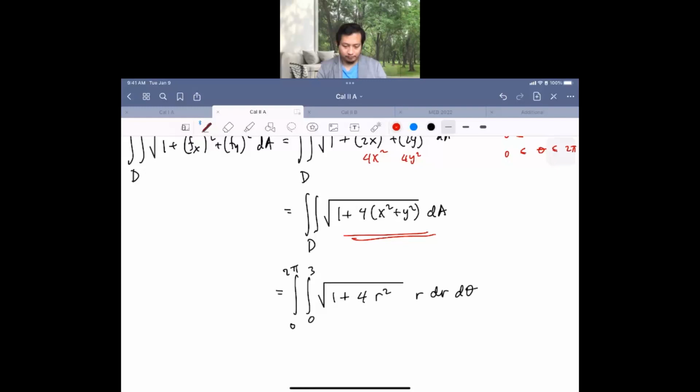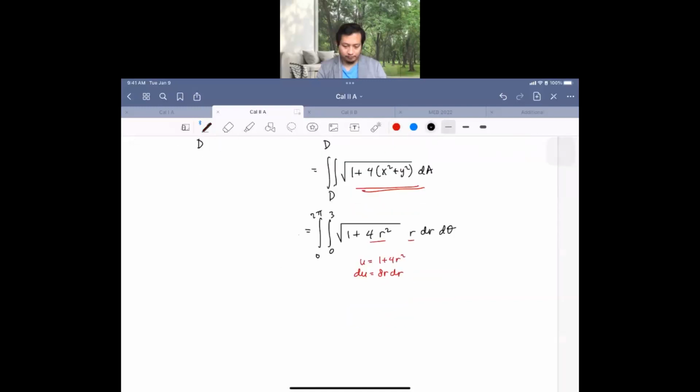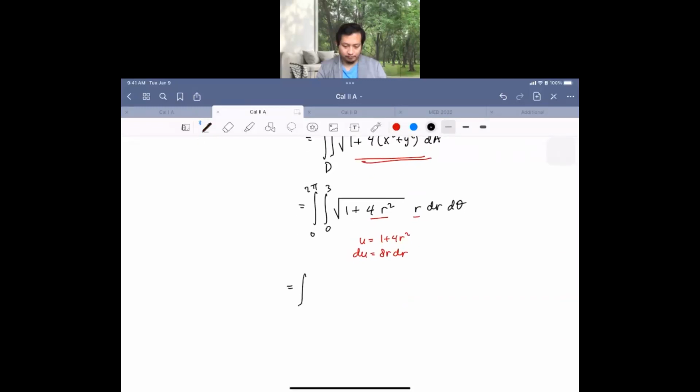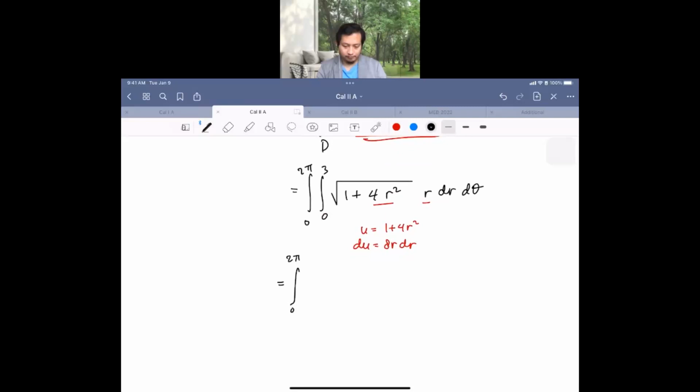And we can do the substitutions. So let's do substitutions here. So 8r, so it would be 1 over 8, and then what else?